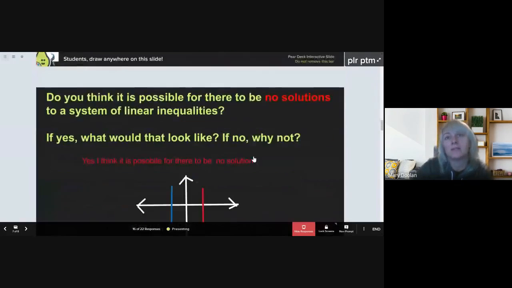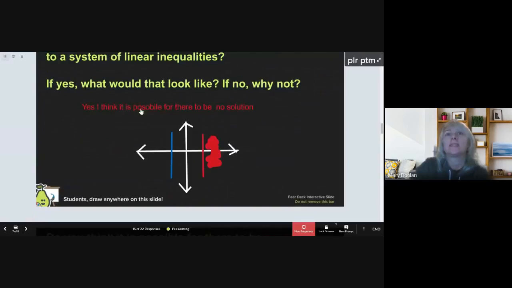Yes, I think it's possible for there to be no solution. So this person is doing what I asked. They gave me their opinion, and then they are drawing what that would look like. Oh, I like it. Look at that. That's exactly what I was looking for. Nice work.